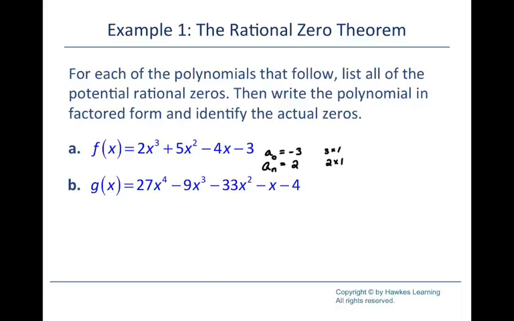G is a little different, because a sub 0 here is going to equal -4, and a sub n for this one is 27. There are lots of factors for those, so we'll get to those later. But that's where those numbers are coming from when you see them. The last number is a sub 0, and the first number, not the x, just the number, is your a sub n.